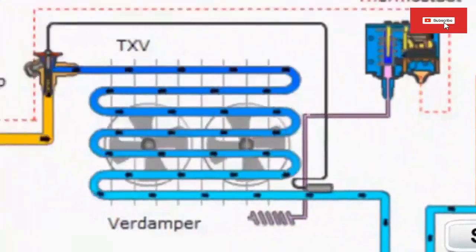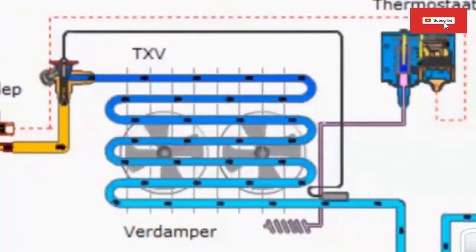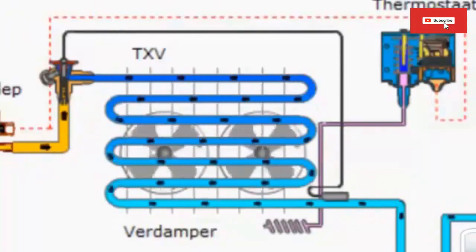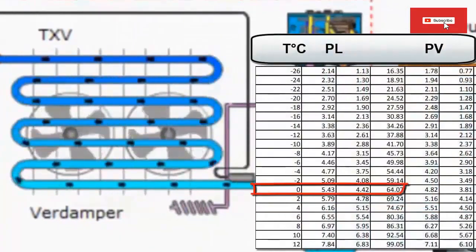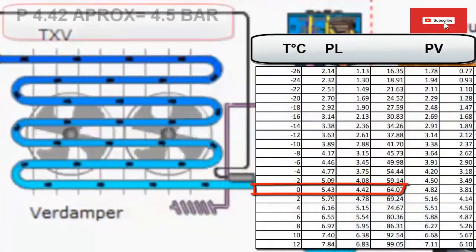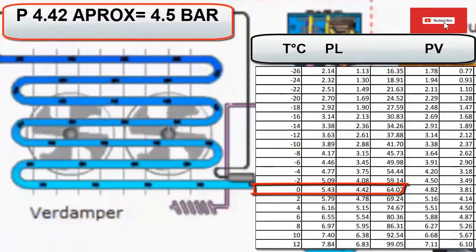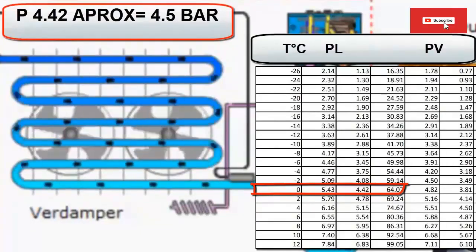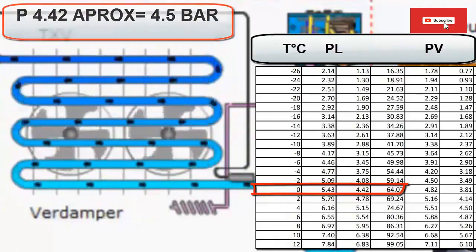Now we are going to quickly analyze the temperatures present in the evaporator of this equipment, so that all the terms are very clear. With the pressure of the manometer, in this case 4.50 bar, we look for the inlet temperature of the refrigerant R422d, in a liquid state, to the evaporator. In this case looking in the liquid column, we find that the temperature is very close to zero.